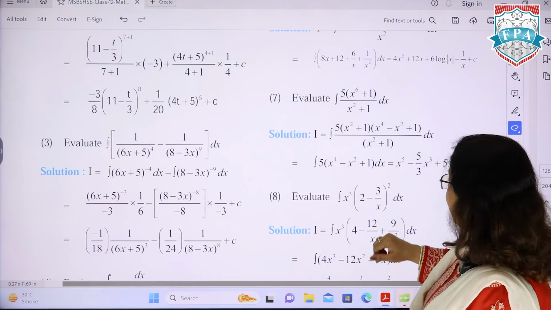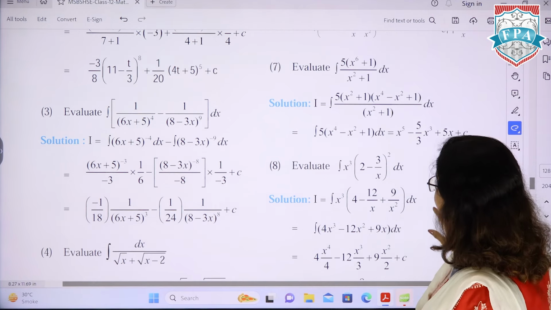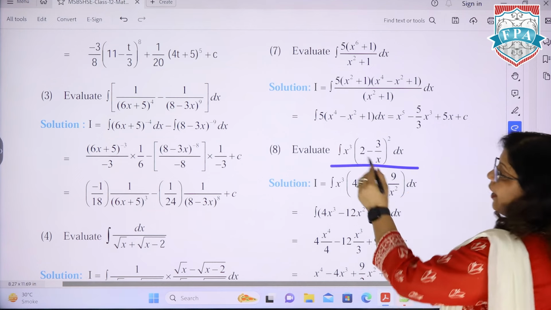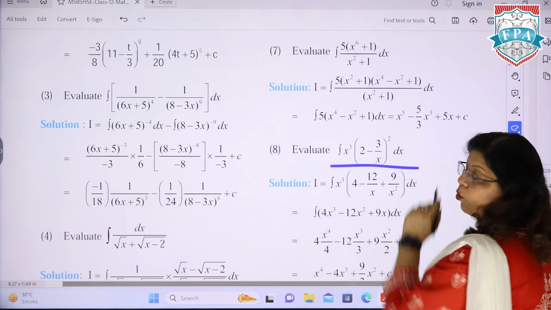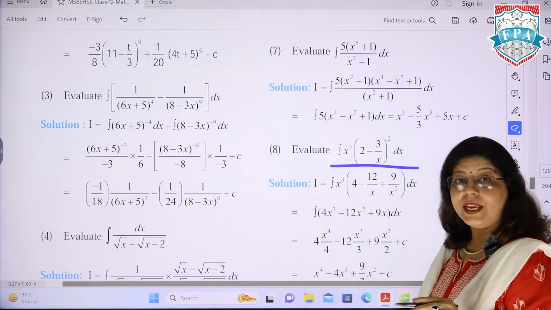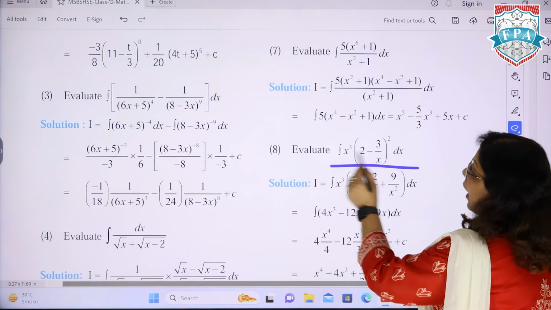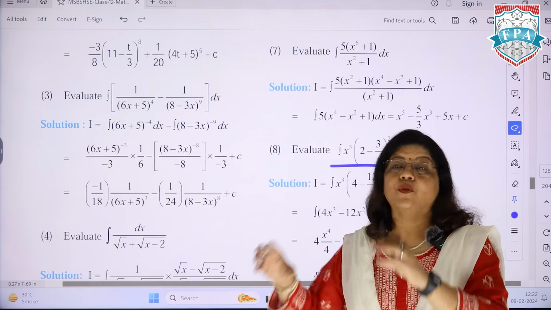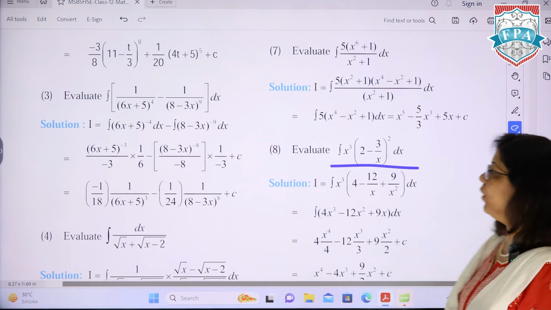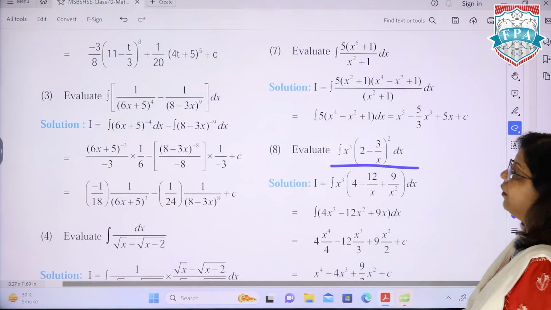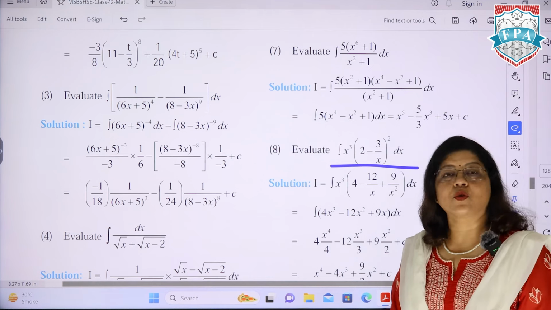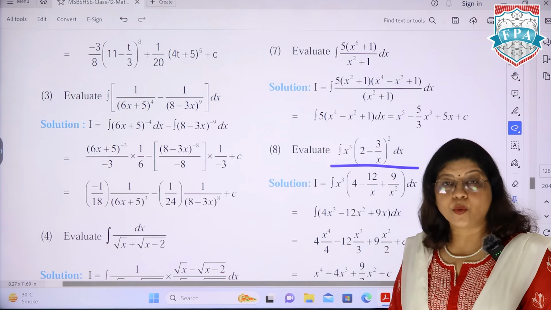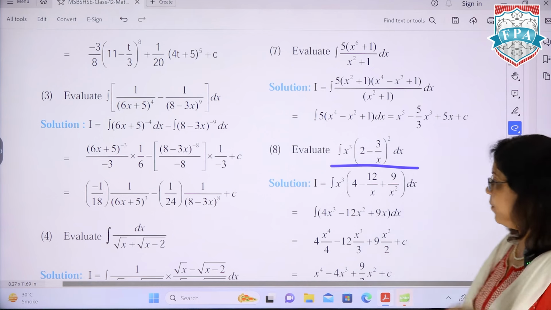Let's see, the question is: evaluate x cube times (2 minus 3 by x) whole square. Now when we take this example, we can't use a formula directly on x cube multiplied by this. So we have to get it into one form. We'll expand the second part, (2 minus 3 by x) whole square, by the identity (a minus b) whole square is a square minus 2ab plus b square.